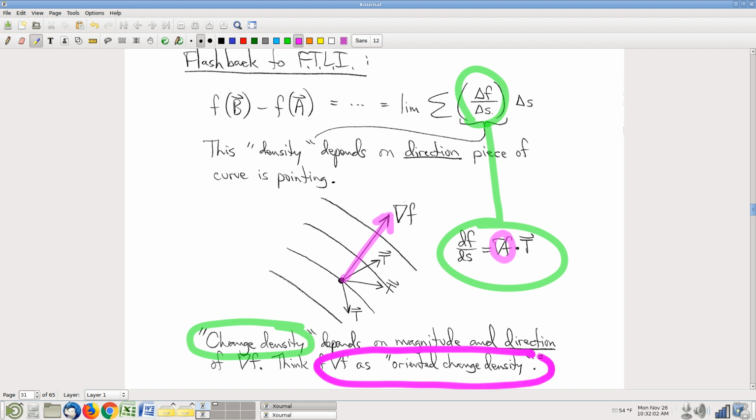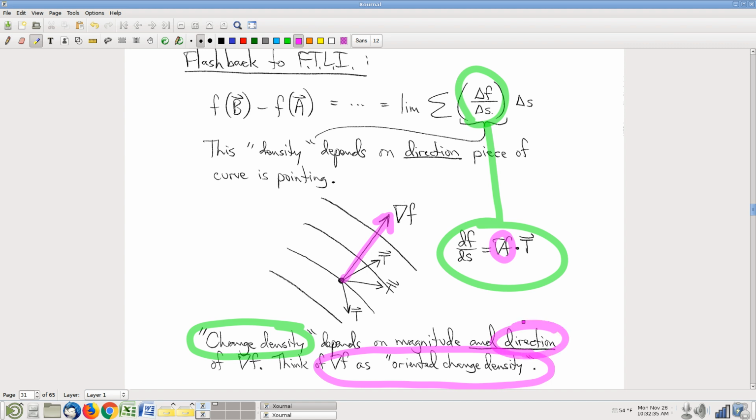The gradient is telling you change per unit distance. Its magnitude is change per unit distance. Its magnitude is how steep is that mountain? How fast is this function changing? Just with an asterisk that that's how fast the function's changing in the maximum, the optimal direction. But in addition to that, it's also giving you a direction.